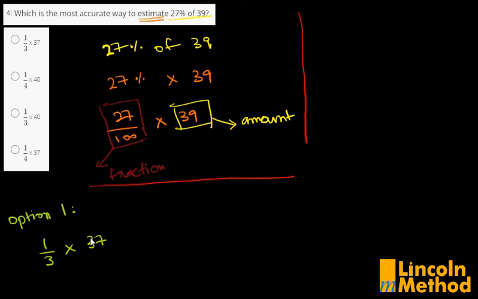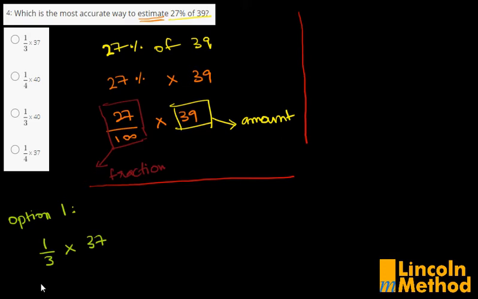Now notice how none of the numbers given in the four options is 39. So we have 37 and we have 40 and we have 40 again and then we have 37 again. But we do not have 39 as an option. But we'll come to why it is so in a while. For the time being, we're going to solve the first option and see where it's going to take us.